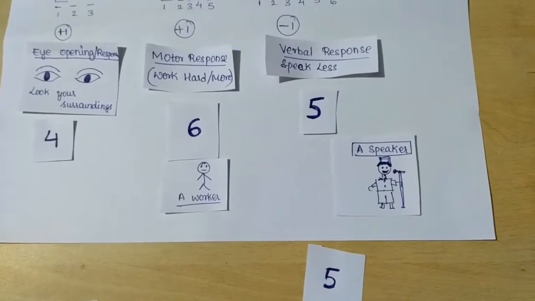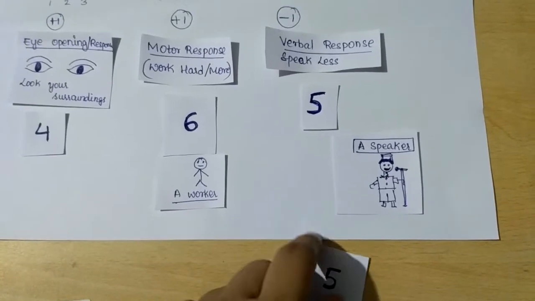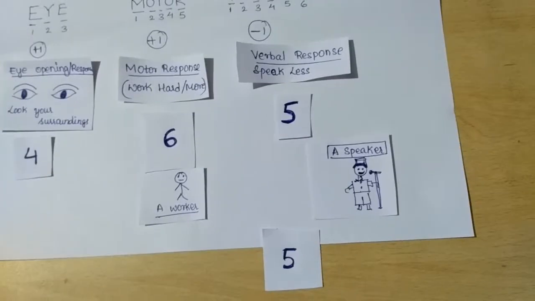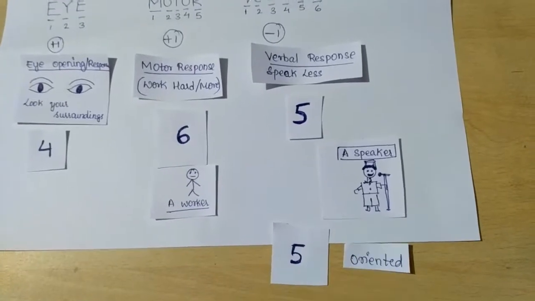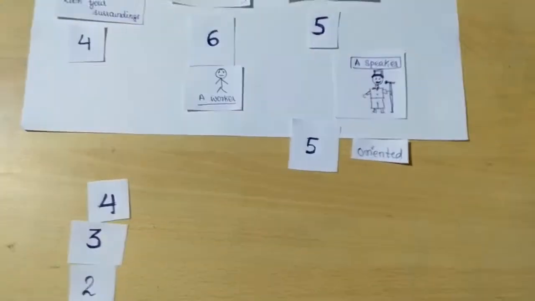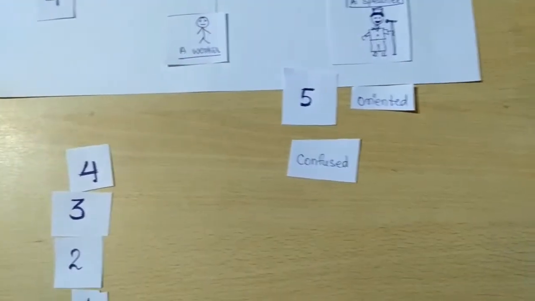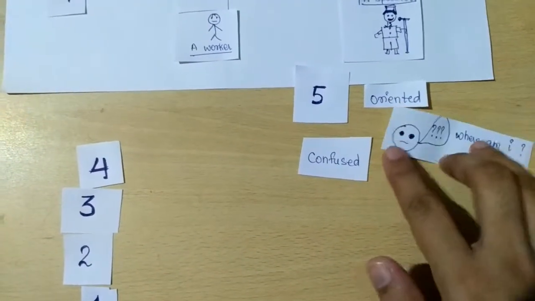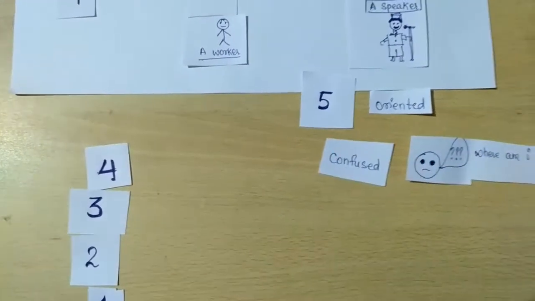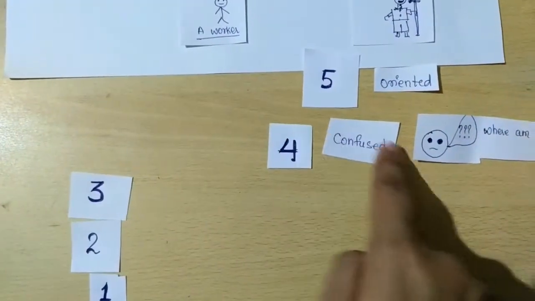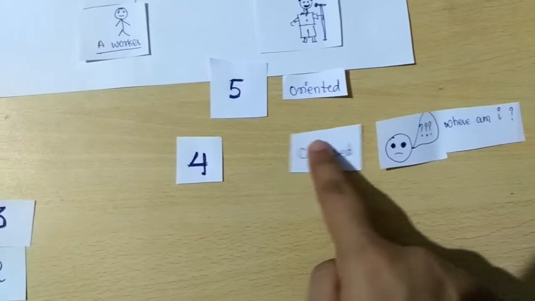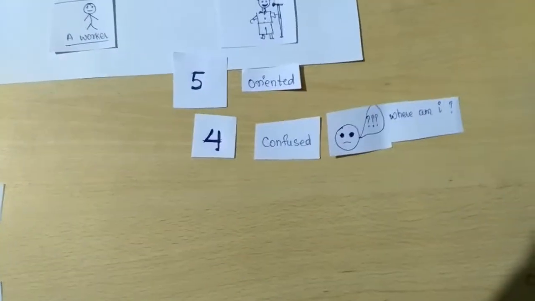If we invite a speaker and he is well oriented, we will give him a 5. But if he's confused, like, where am I? We will deduct 1 mark and give him a 4.